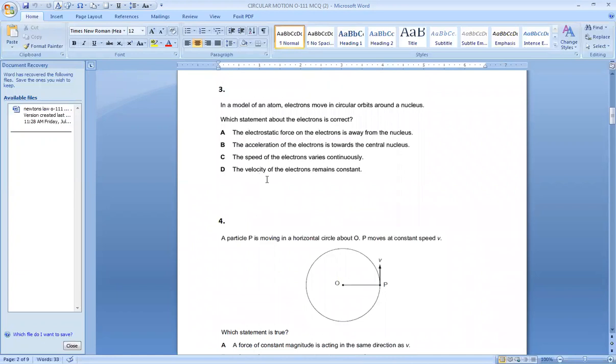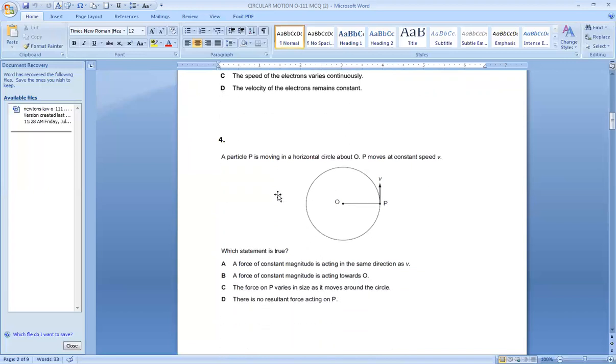Again, number 3, in a model of atom, electron moves in a circular orbit around the nucleus. Which statement about the electron is correct? Electrostatic force on the electron is away from the nucleus, wrong. Acceleration of the electron is towards the central nucleus, it is correct. So B is the option.